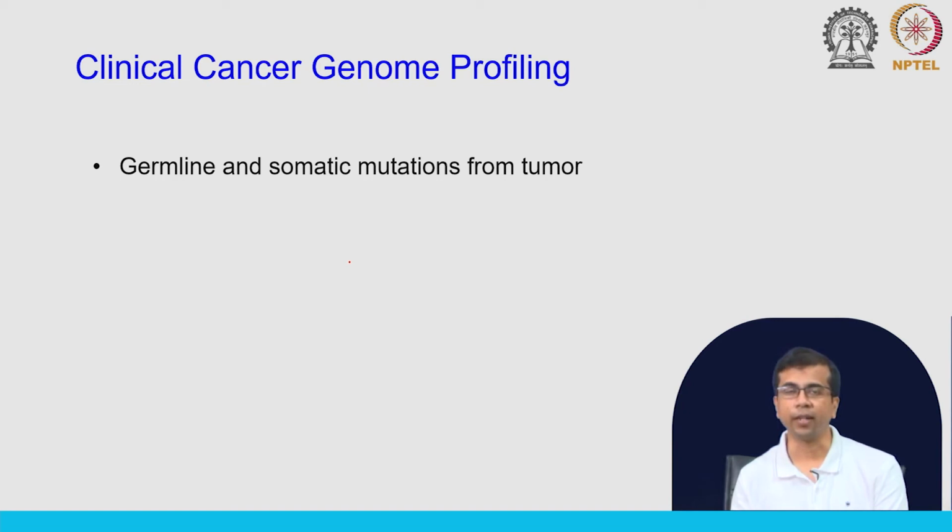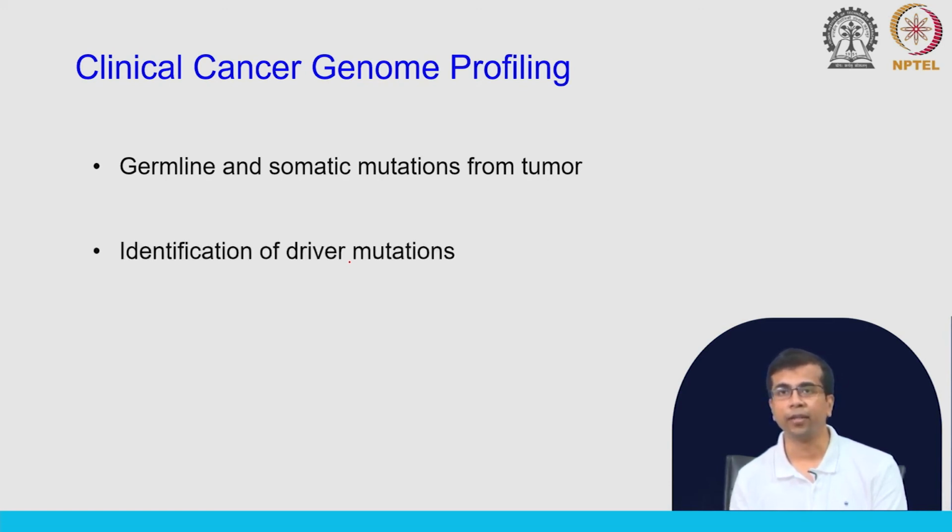We can study germline and somatic mutations from tumor. As I have told you, tumors accumulate a lot of somatic mutations during the cell division process, and by studying them we can identify the driver mutations. These are the mutations that drive the progression of the tumor through different stages and drive those phenotypes, such as drug resistance or immune evasion.